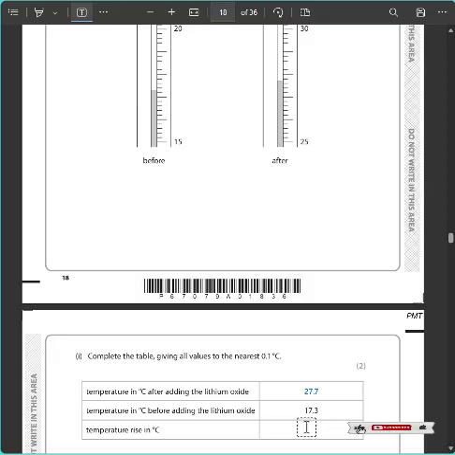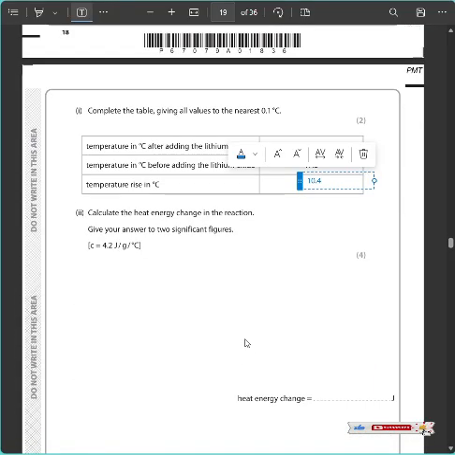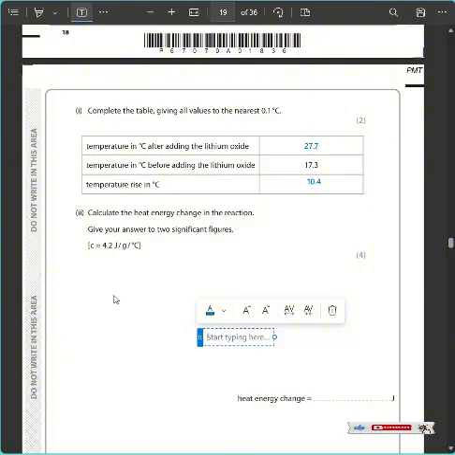And temperature rise, it will be 20.4. Calculate the heat energy change in the reaction. Give your answer to two significant figures.